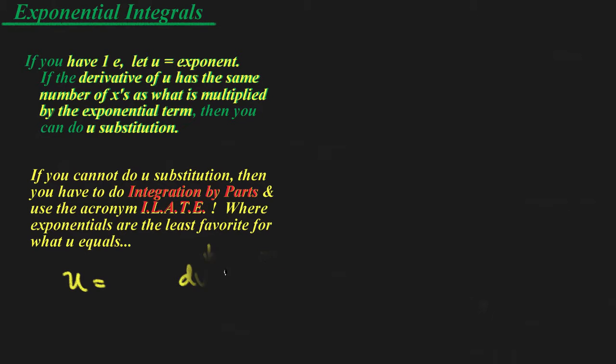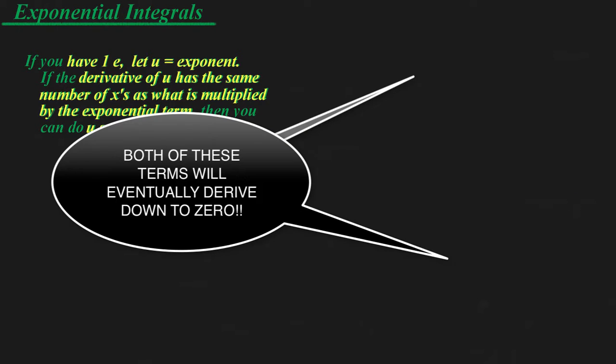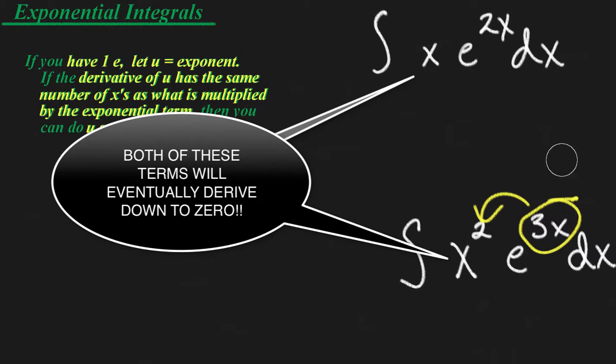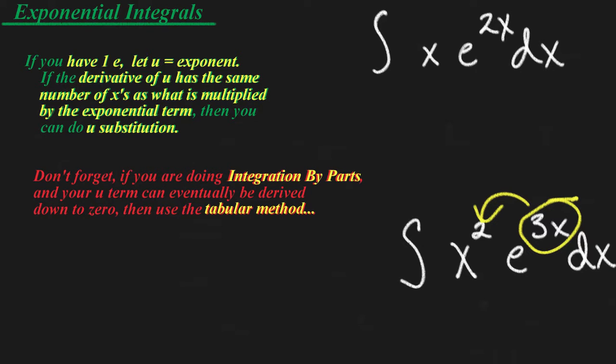It'll save you a lot of time, like the tabular method, for instance. Alright, so if you remember that if your term eventually drives down to 0, like both of these do, right? So if the x is going to be your u, or the x squared, eventually they'll drive to 0. Use the tabular method. Okay, it'll save you a lot of time.